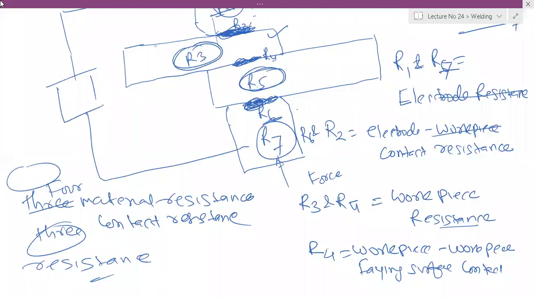Everybody is getting this all contact resistance? First, tell me you're getting it or not. Yes, no, maybe. One guy is saying yes. What about other guys?